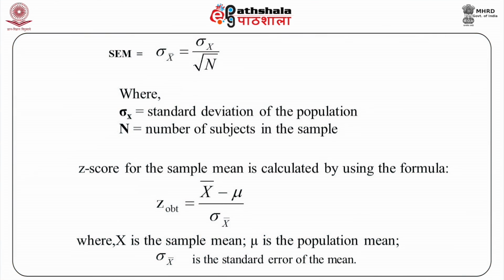The standard error of mean is calculated using the formula: standard error of mean, that is sigma x bar, is equal to sigma x upon the square root of n, where sigma x is the standard deviation of the population and n is the number of subjects in the sample.